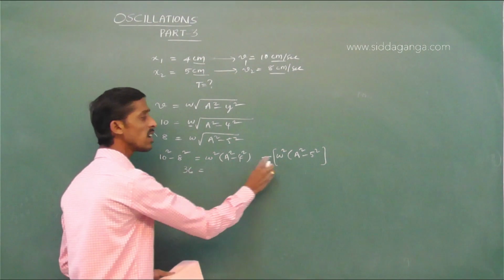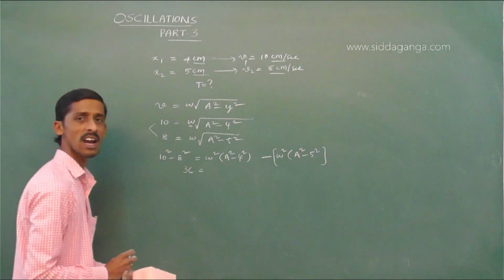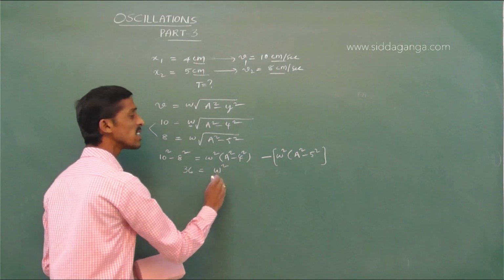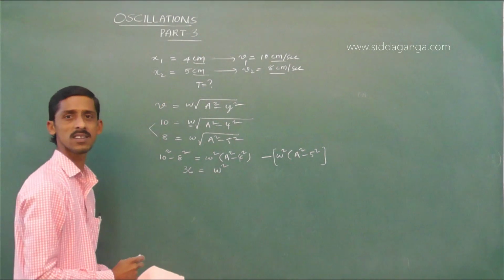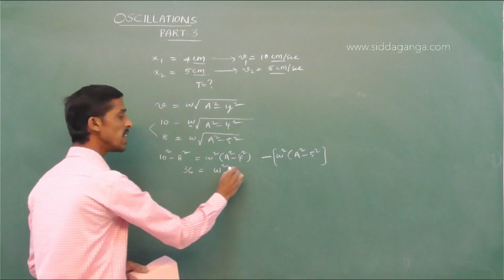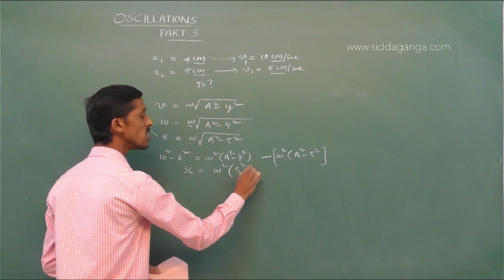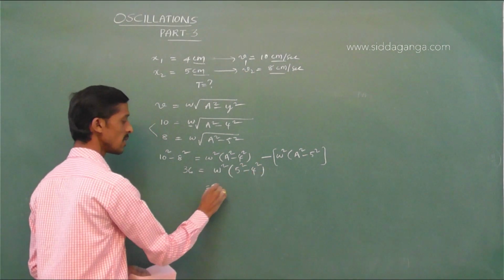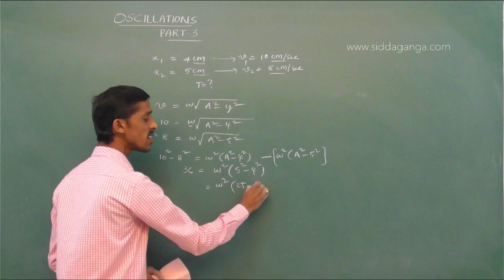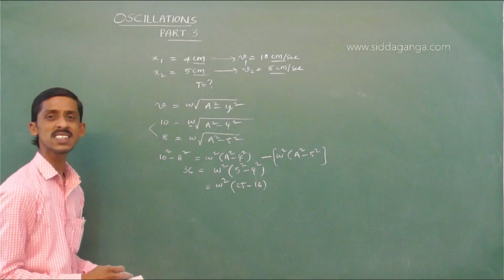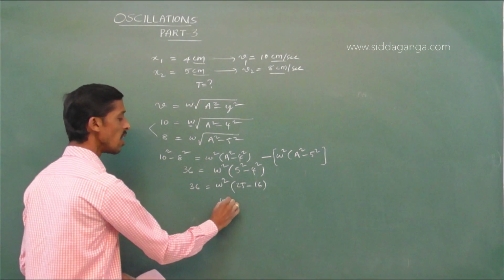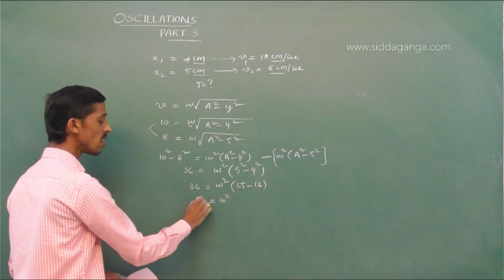Omega square A square minus omega square A square cancel. What remains is plus, so omega square into (5 square minus 4 square). 5 square is 25, 4 square is 16, 25 minus 16 is 9. 9 into omega square is 36. Omega square is 36 by 9, which is 4.